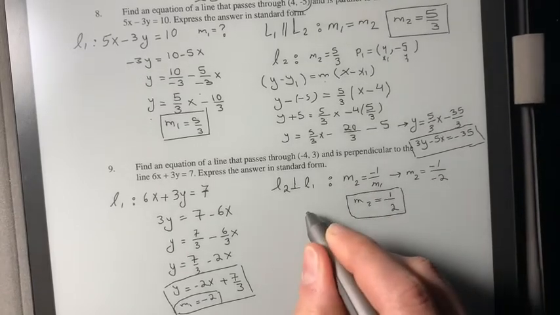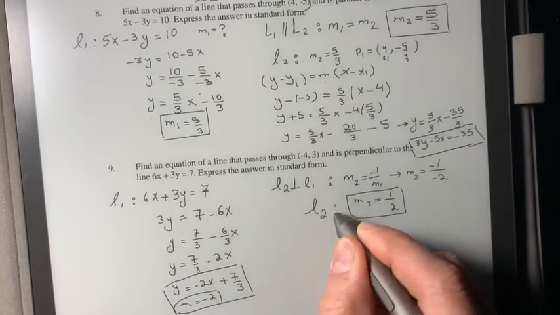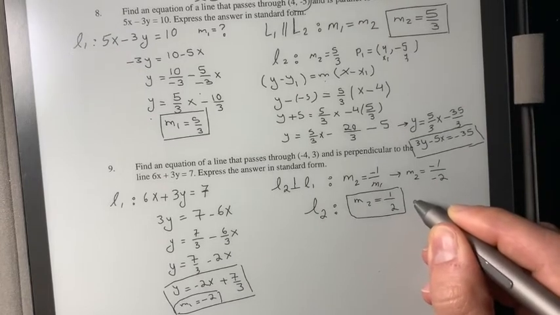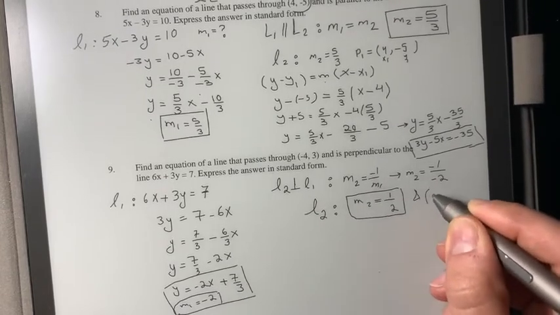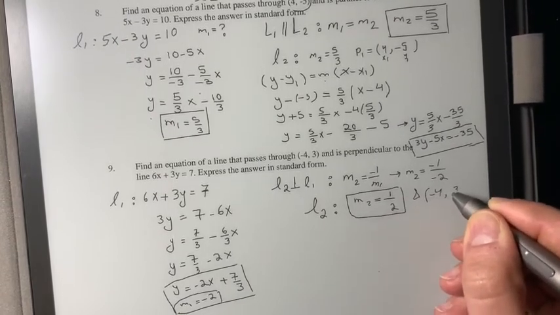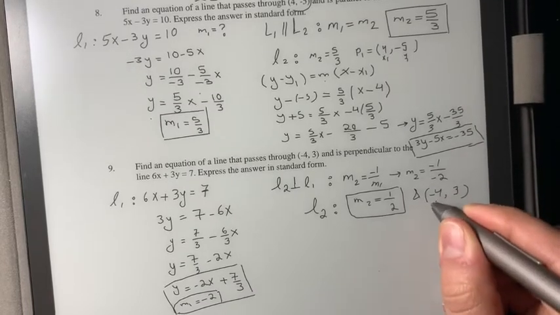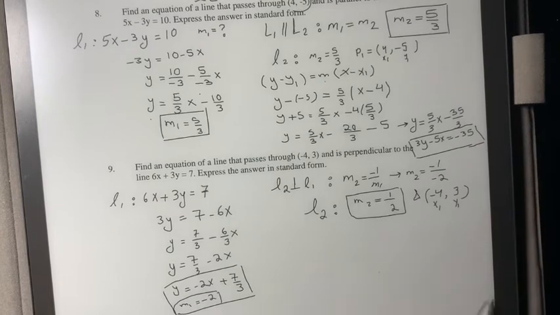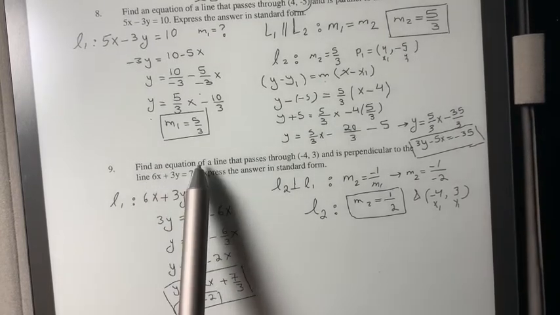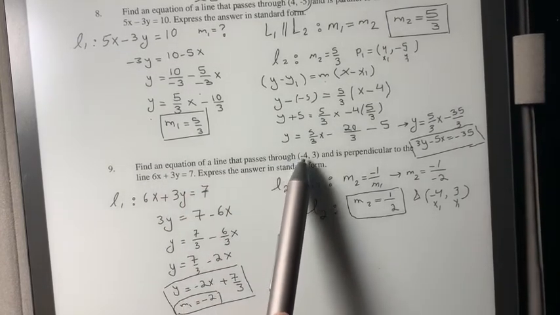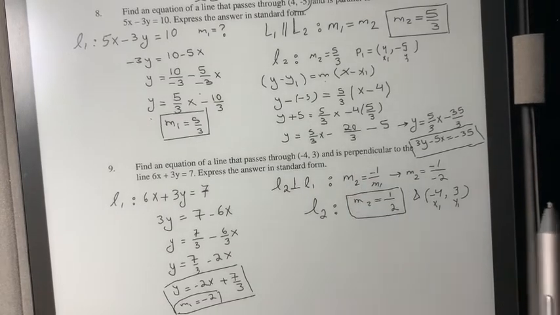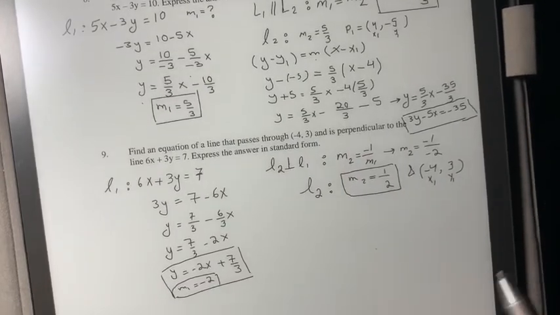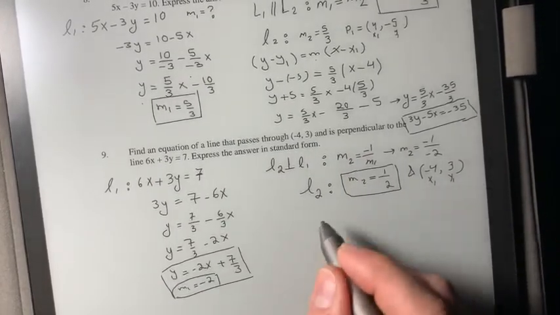And then this is the information of the second line. We have the slope of the second line, and we had a point. Let's say this point has x1 and y1, correct? Because it says the second line is passing through this point, and it's perpendicular to the first line. So we have these two pieces of information.